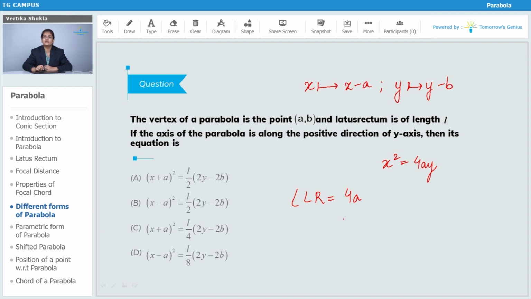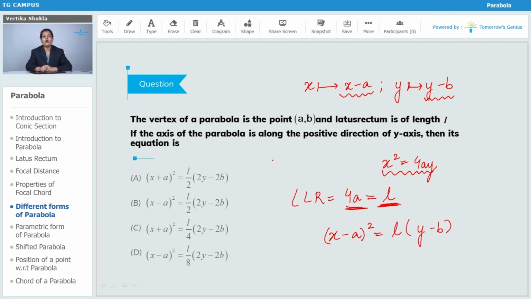So the value of 4a is L. When x is replaced by x minus a and y by y minus b, the equation changes from x² = 4ay to (x minus a) whole squared is equal to, in place of 4a I will write L, then y will be replaced by y minus b.